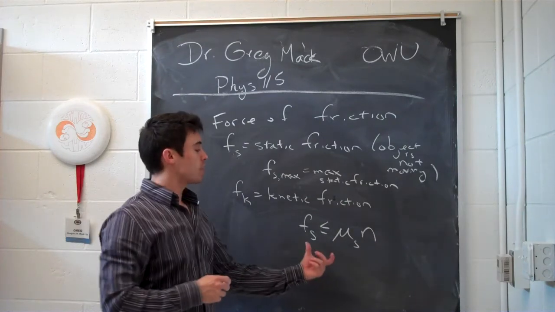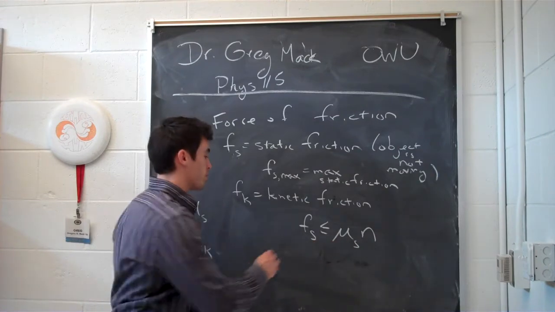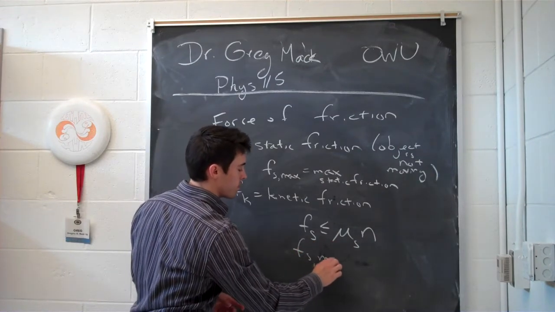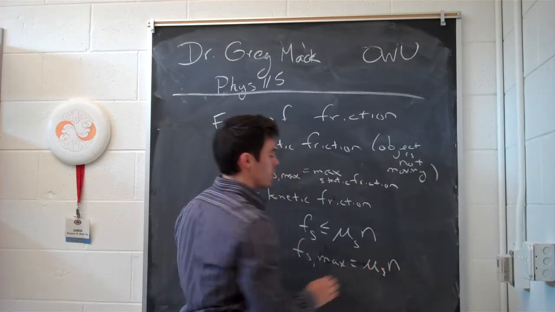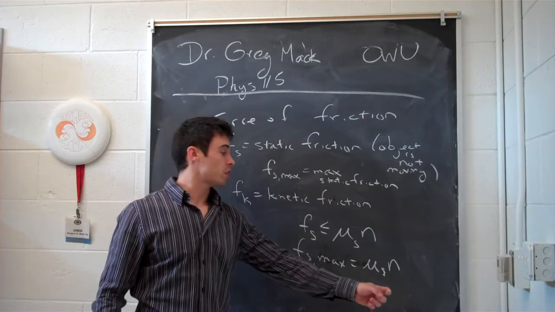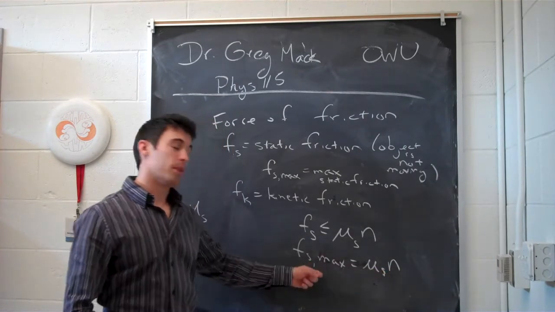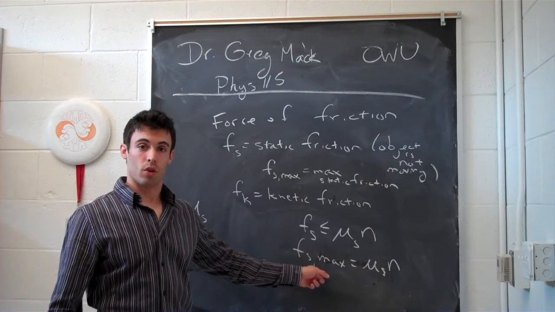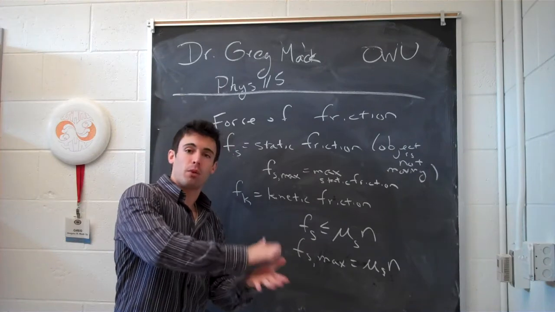And so the plain old static friction force will be less than or equal to mu s times N. So the max value of this is going to be equal to your coefficient of static friction times your normal force. Again, the bigger the normal force, the bigger your friction is going to be. Okay, because you are in contact with that surface.